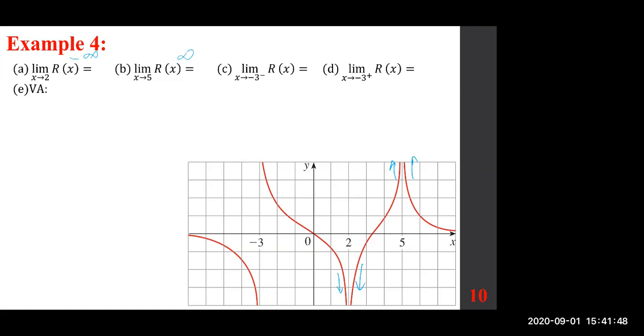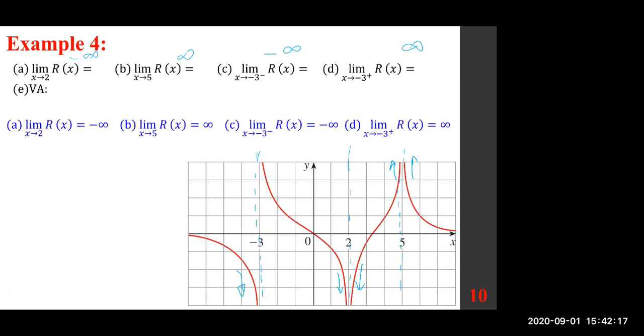Those are the vertical asymptotes. So when we approach negative 3 from the left, we are here, class, okay? It's negative infinity, and from the right is positive infinity.